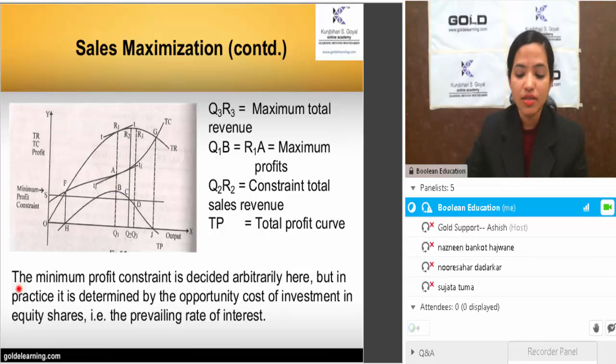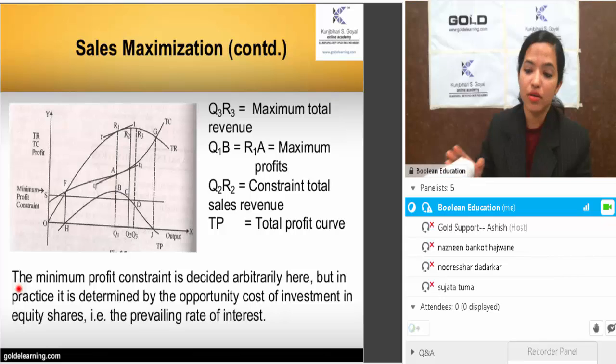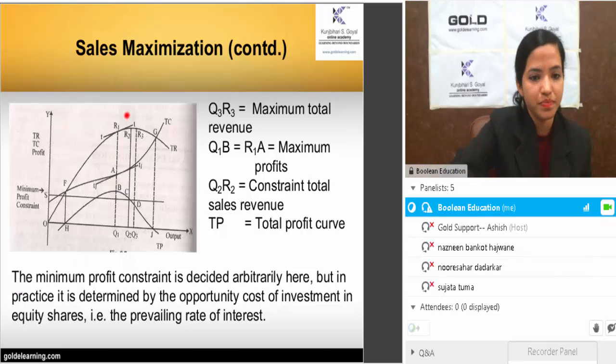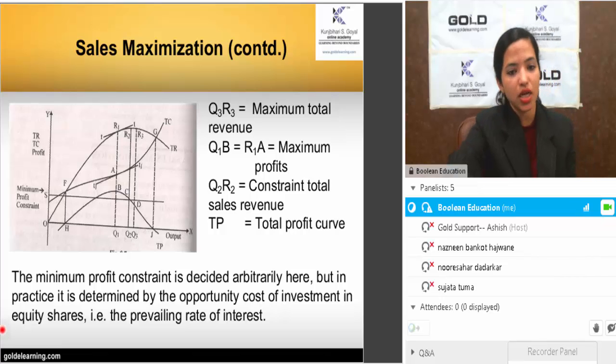So see, sales maximization के लिए what is happening here, this is your total revenue and total cost, right? This is the total revenue and total cost, and this is the total profits curve. The minimum profit constraint is decided arbitrarily.